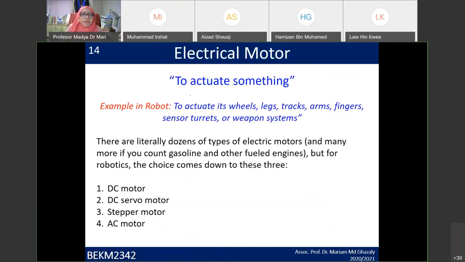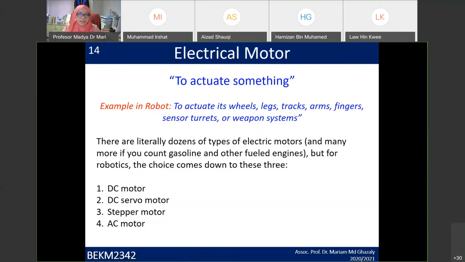An electrical motor is used to actuate something. For example, in a robot it actuates wheels, legs, arms, fingers, sensor pivots, and electric systems. If you look at Iron Man, there's an actuator over there, and that's why you can lift up heavy things. So what actually actuates?